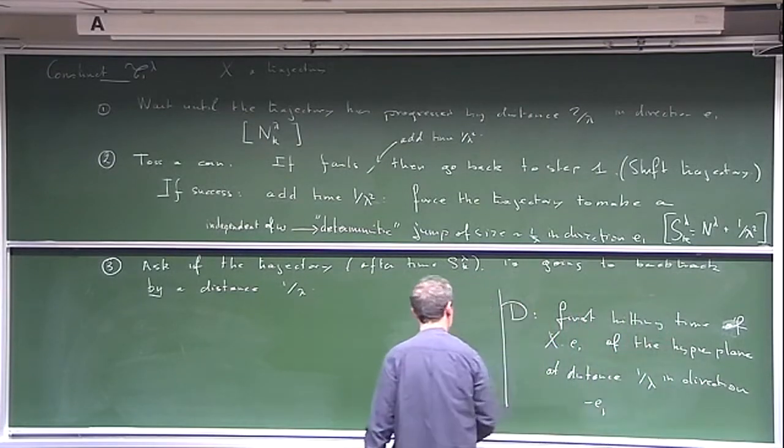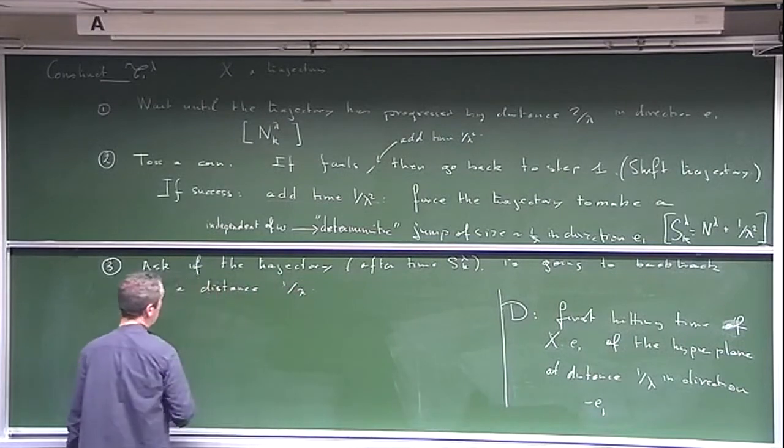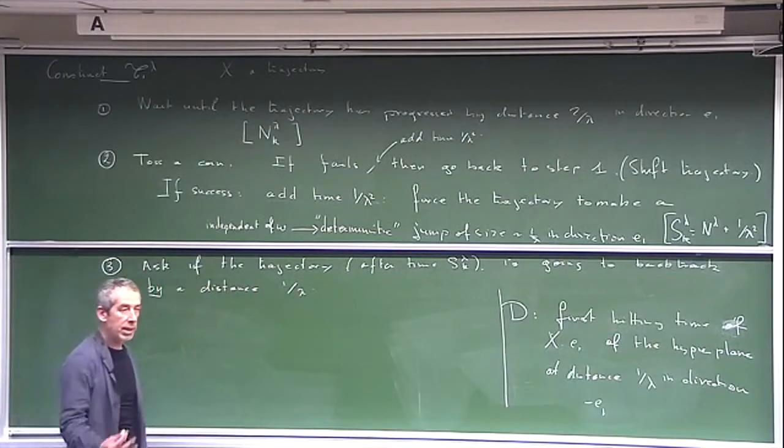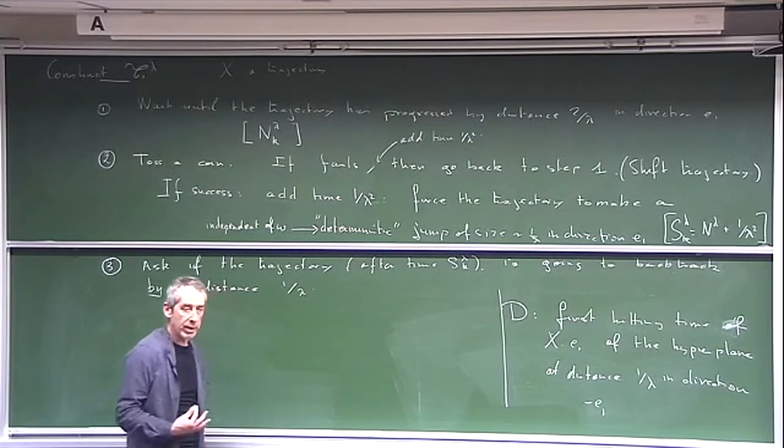Okay, so that's the definition. And so asking whether the trajectory is going to backtrack or not is asking whether d is finite or infinite.